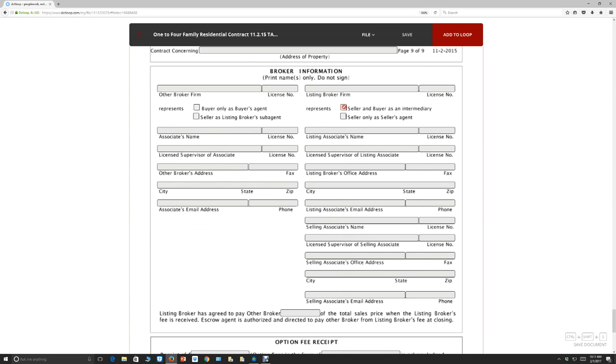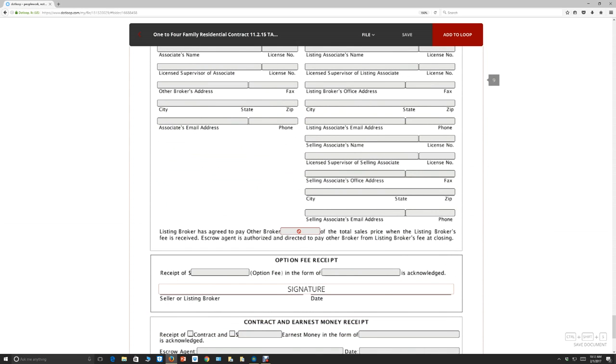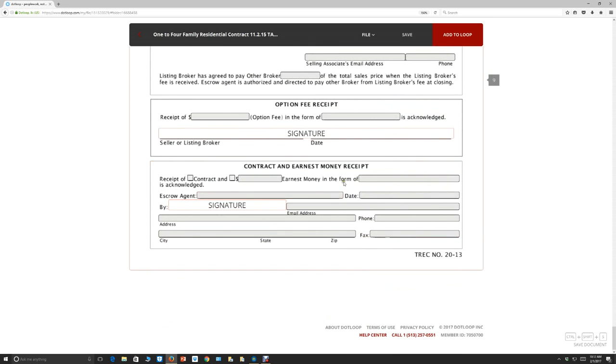So it is an intermediary transaction if both the seller and the buyer are represented by an agent in this office. Otherwise, it is buyer only as buyer's agent and seller only as seller's agent, with all of this information correctly filled out. Listing broker has agreed to pay other broker whatever they've agreed to pay of the total sales price. And then here's the option fee receipt and the earnest money receipt.